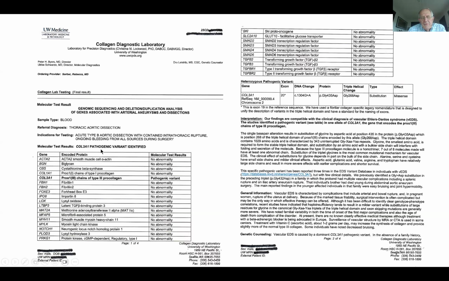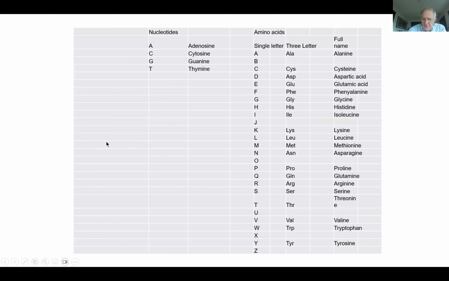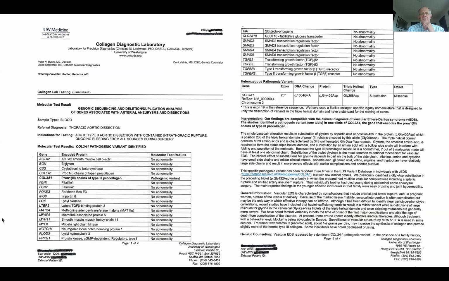So the term pathogenic variant is relatively new to the nomenclature of genetics, probably appeared in the last 10 to 15 years. And before that, these were called mutations, and mutations were basically deleterious. So that's one of the things that you have to remember about this. So we sequenced a bunch of genes, and the genes are listed here. The gene names are all letters and numbers. And in human genes, they're all capitalized and they're written in italics.